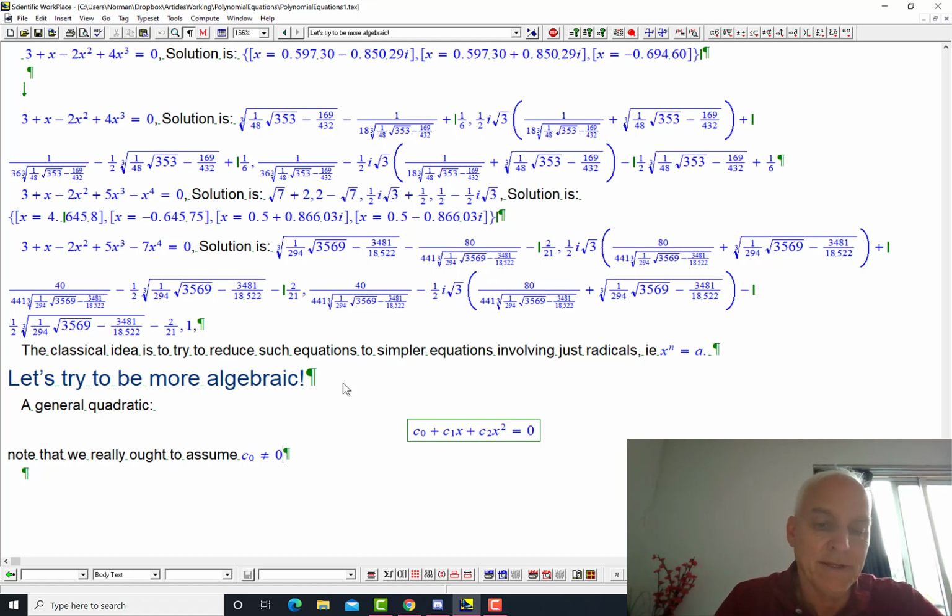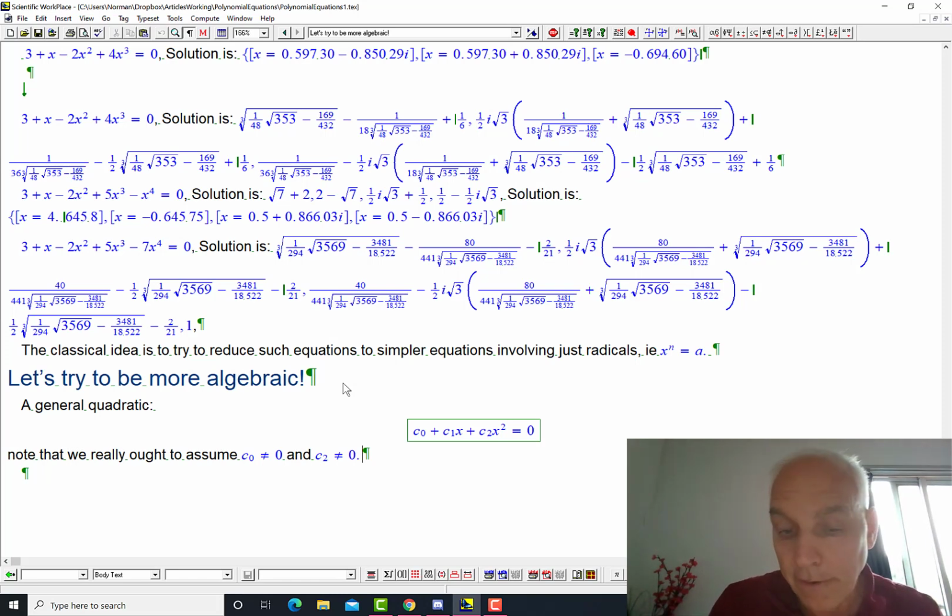So we've already dealt with that. And we can also assume that c2 does not equal 0, because if c2 equals 0, then we get back to a linear equation. Okay, so we'll make these two assumptions, but otherwise we'll keep the nature of c0, c1, and c2 somewhat open.